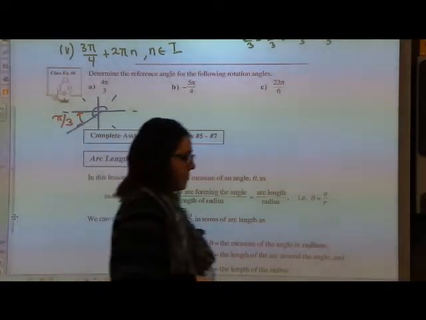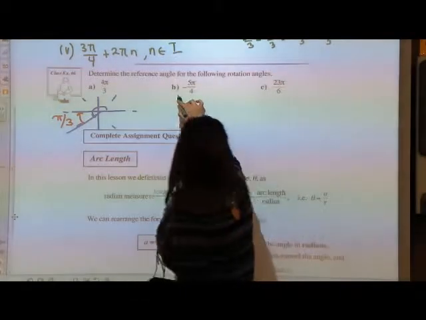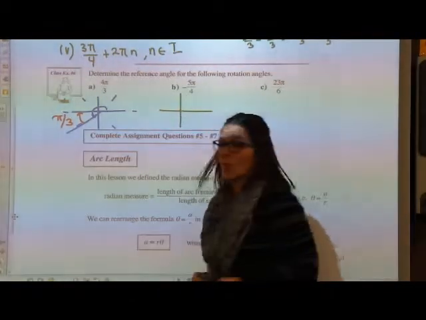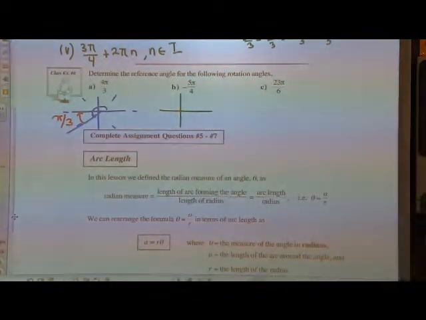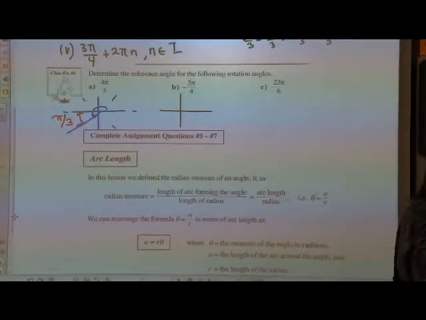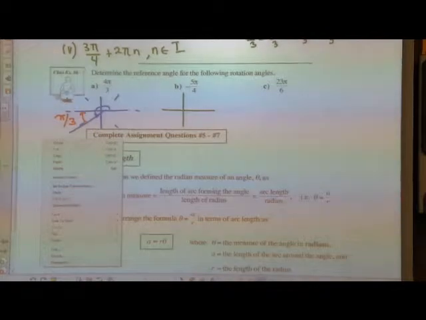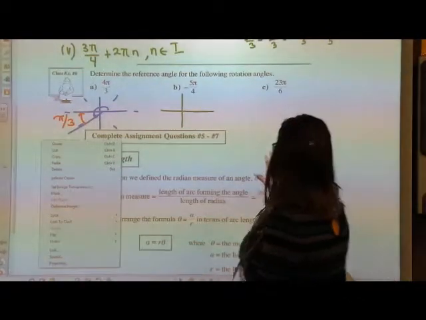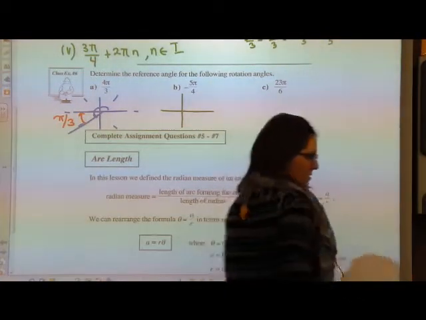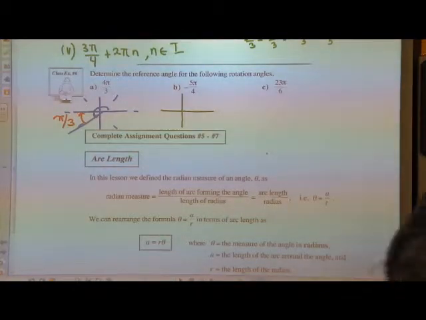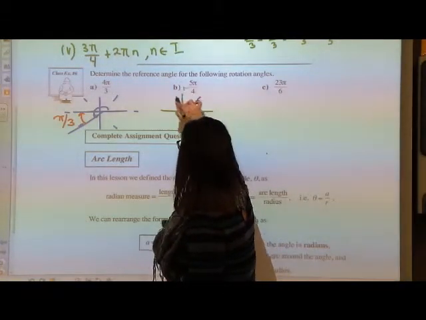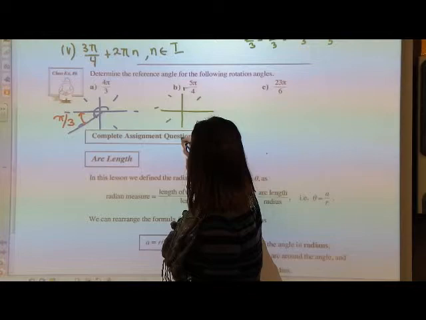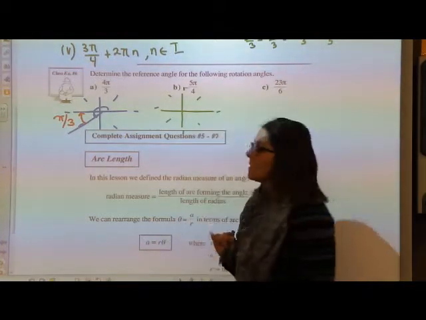So let's do it again. What is 5 pi over 4? What does the 4 tell me? So if I split this into fourths, 1, 2, 3, 4, 5, 6, 7, 8.